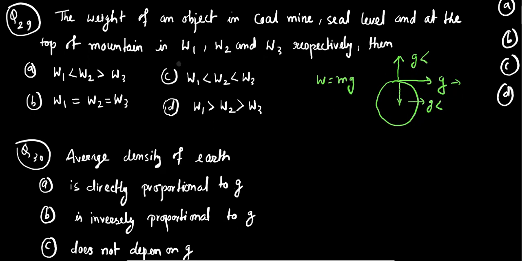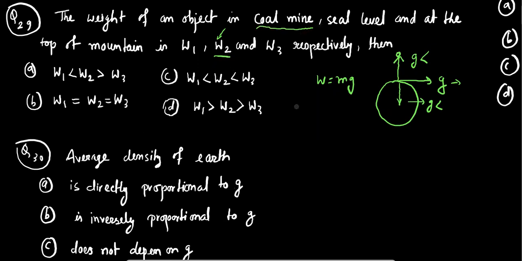Okay, so we have to find the proper order, which means that if W2 represents the weight of any object at sea level, so surely this will be greater than the value of weight on the top of the mountain, and the value of weight inside a coal mine.